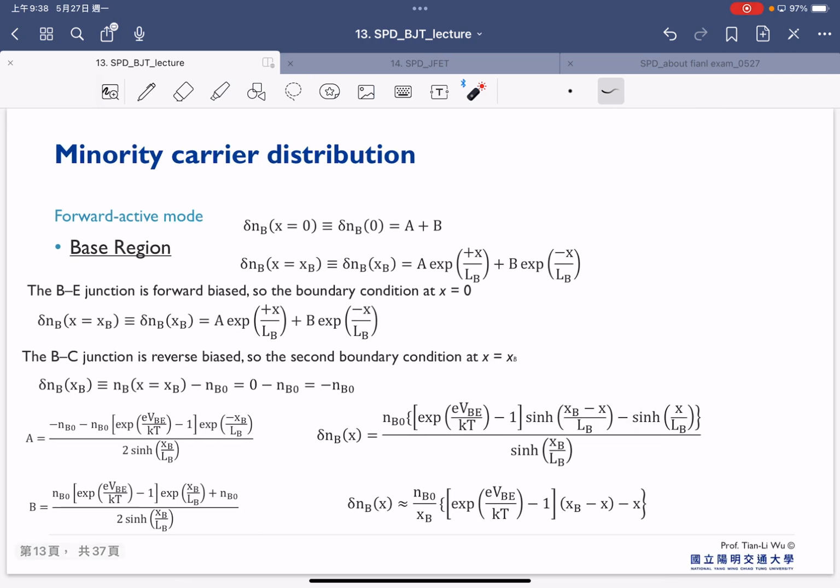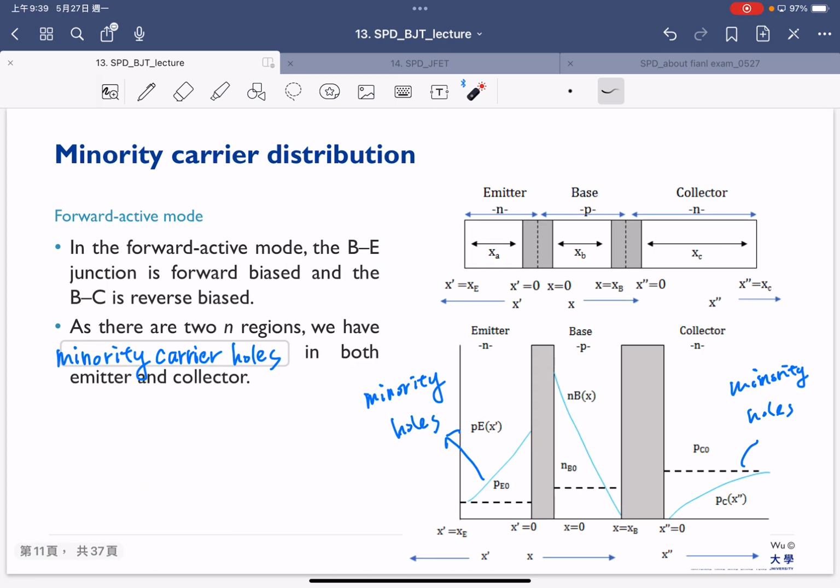Therefore we have to consider several boundary conditions: at x equal to 0, and at x equal to xB, which is the end of the base region, here. So we consider the boundary conditions at this region and also this region.